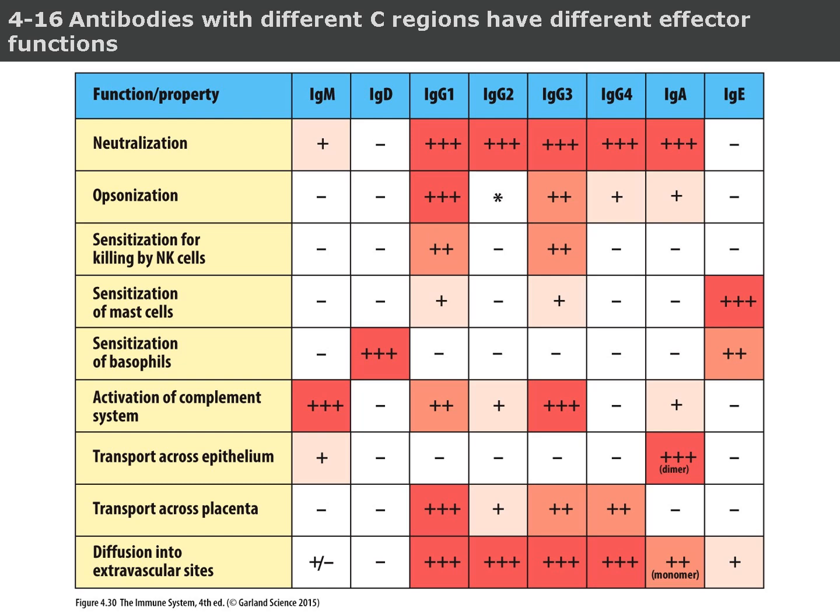Immunoglobulin A, particularly in its dimeric form, excels in epithelial transport and mucosal immunity.